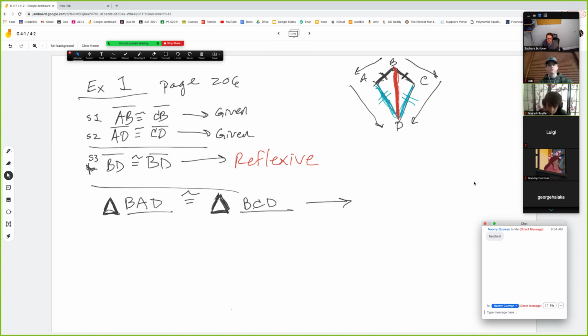Now what would the reasoning be behind this, Luigi? What is our reasoning behind BAD is congruent to BCD? Because they have the same lines. Okay, what do we call it when something has three sides that are congruent?